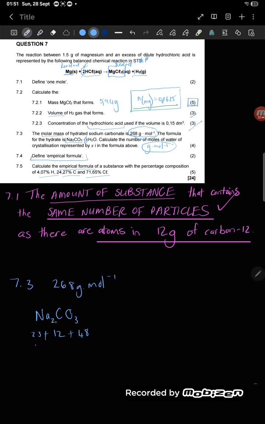Let's see, I've got Na2, so I've got 2 times 23 plus one of those plus that, which gives me 106. So the big M of Na2CO3 is 106 grams per mole. Okay.